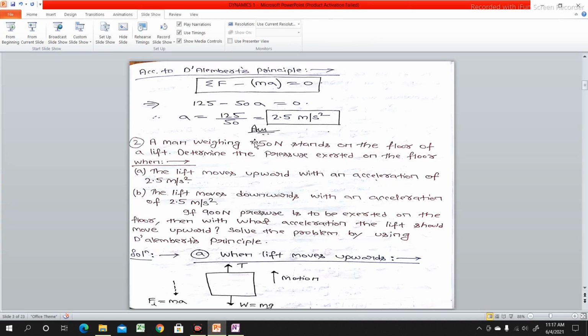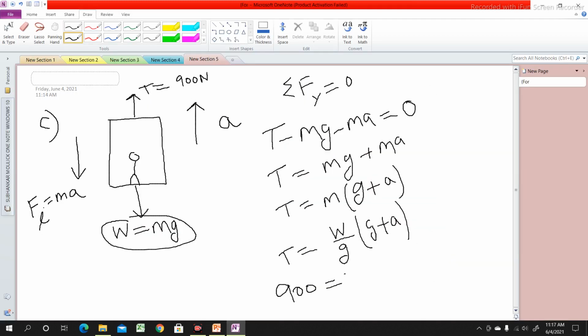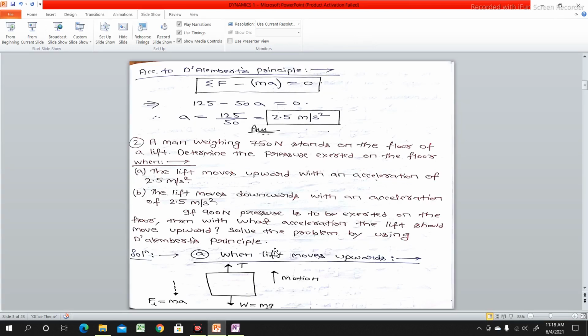The weight of the man is given in the problem, that is 750 Newton, divided by acceleration due to gravity, which we know is 9.81, in bracket again g is 9.81 plus A.